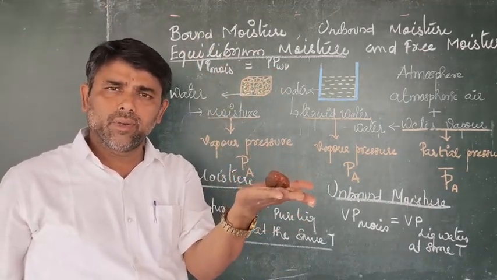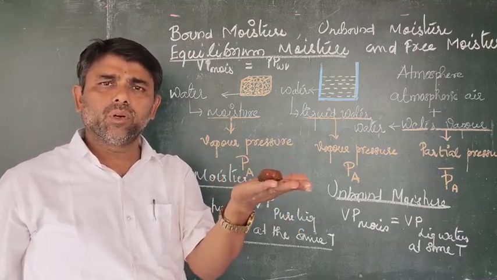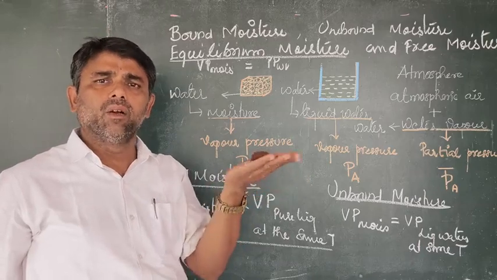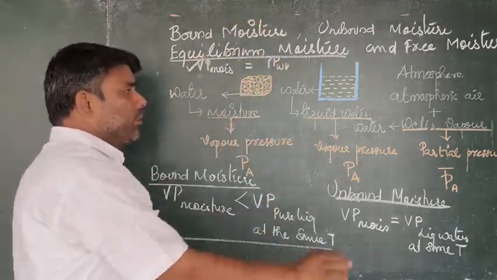Moisture contained by a substance that exerts an equilibrium vapor pressure equal to the partial pressure of the water vapor present in the air is called equilibrium moisture.